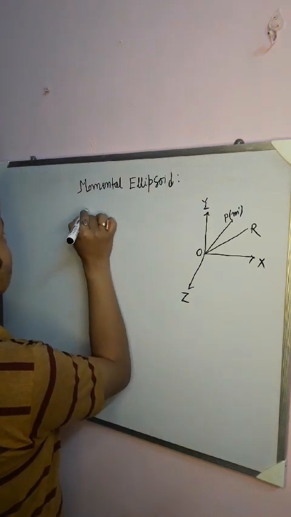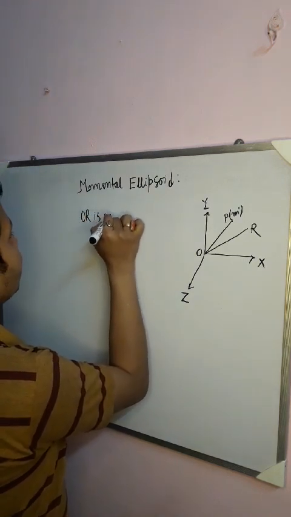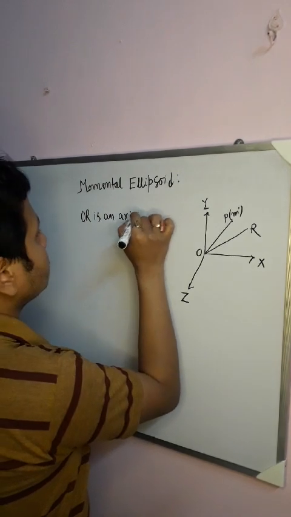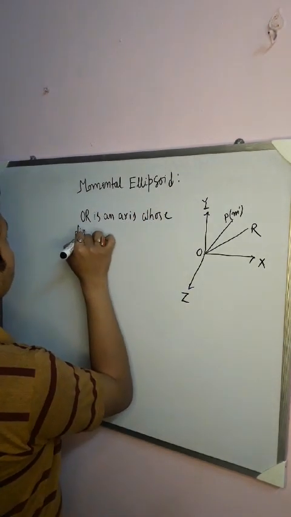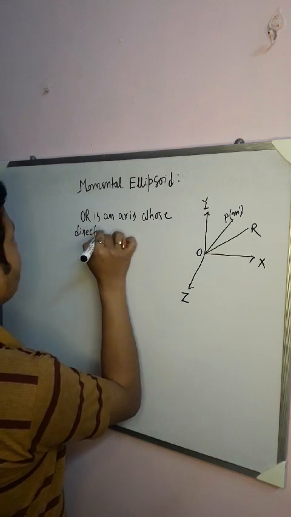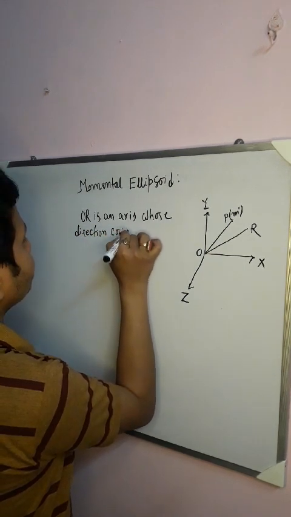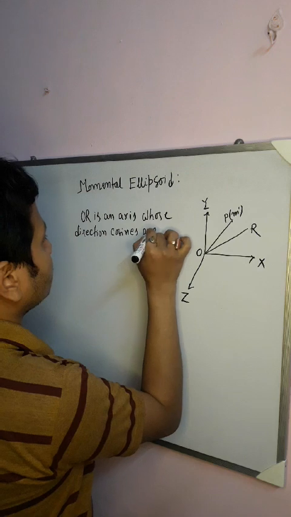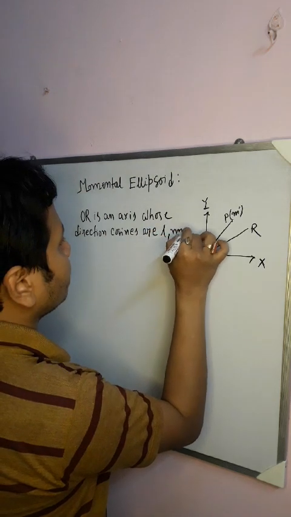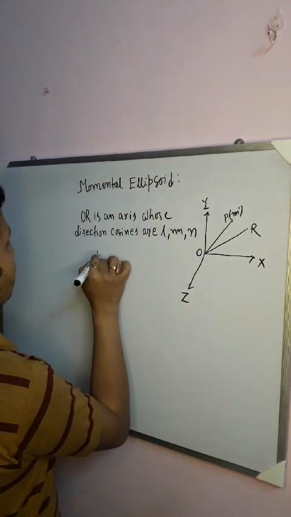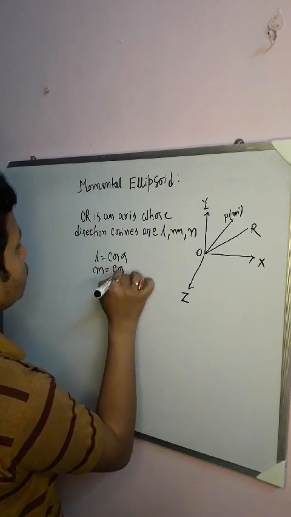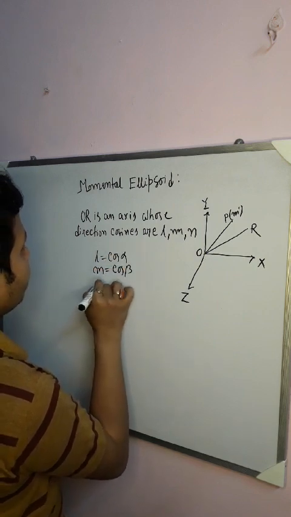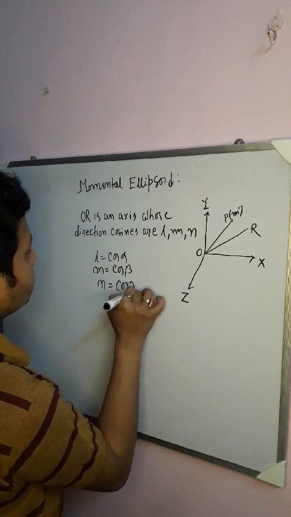So OR is an axis whose direction cosines are L, M, N. That is, L equals cos alpha, M equals cos beta, and N equals cos gamma.